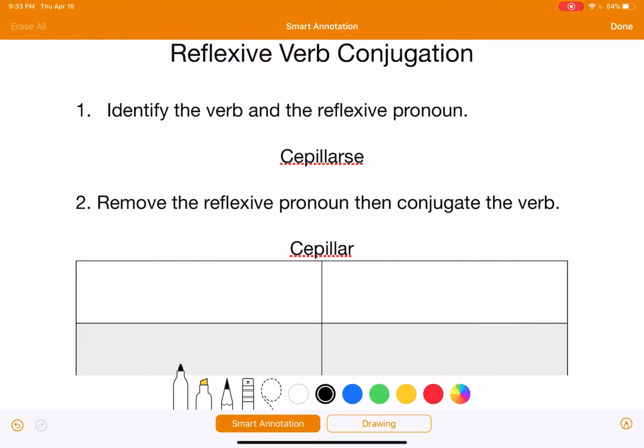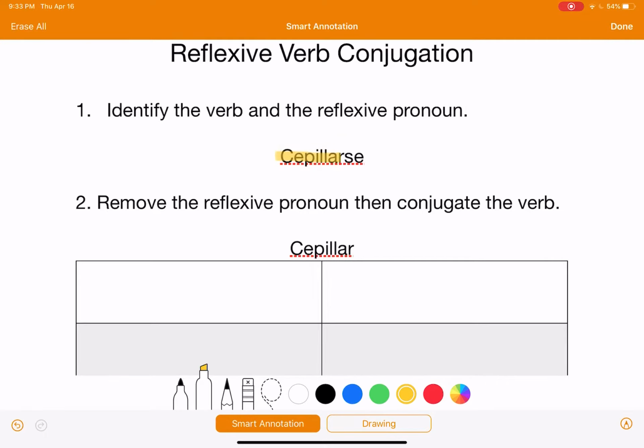The first step is to identify what is the verb and what is the reflexive pronoun. The infinitive of a reflexive verb will always look like what you see here on the screen with cepillarse. To identify the verb, I look for what my verbs normally look like. In this case, it is cepillar.